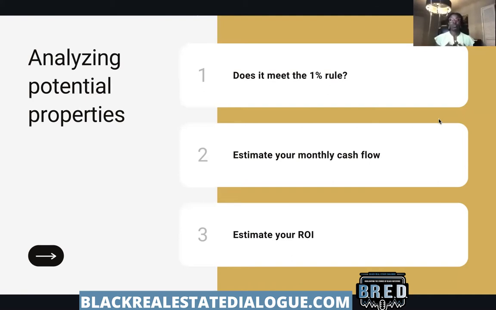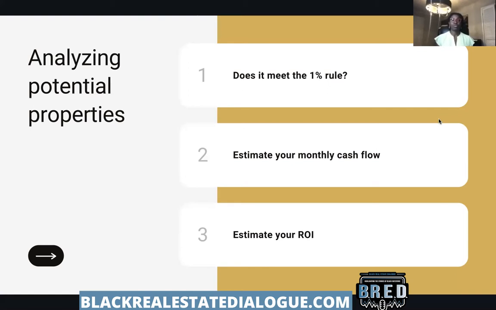So this is a good way to eliminate the noise. Let's say a property is listed for $300,000, and you see that it's potentially renting for $1,000 or $2,000. That's way below the 1% rule, meaning it's possibly not going to cash flow, right?